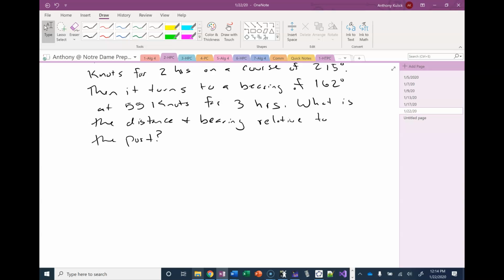So I want to start by sketching a little picture of what's going on. In the first part of the trip, the boat is going on a course of 215 degrees. Remember, when we're talking about navigation, where does our angle begin? The north. And which way does it rotate? Clockwise.